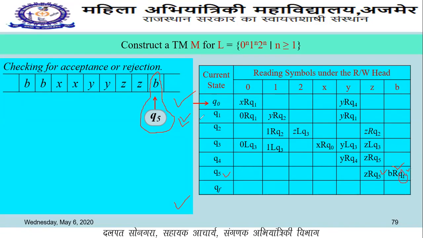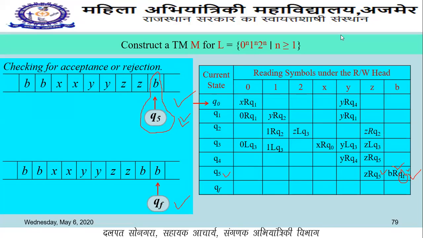So when we apply this transition function, we reach this situation. This situation tells us we are at a final state, and the occurrences of zeros, ones and twos are equal, and the number of zeros is followed by the number of ones, and the number of ones is followed by the number of twos only.